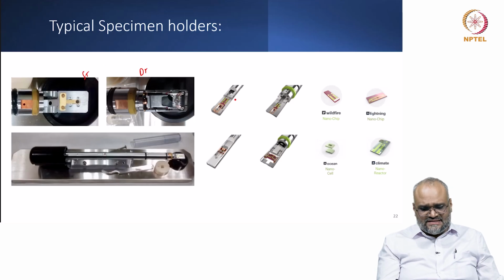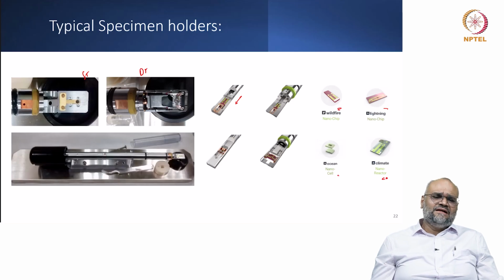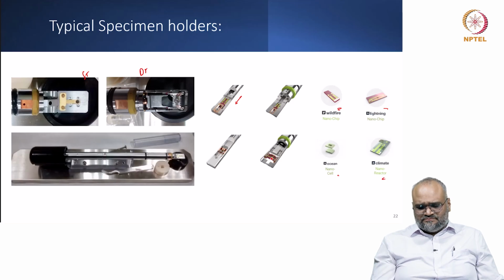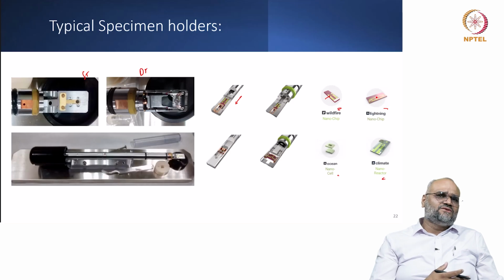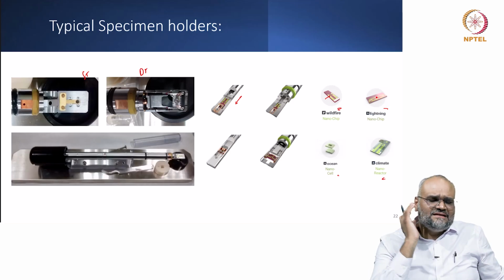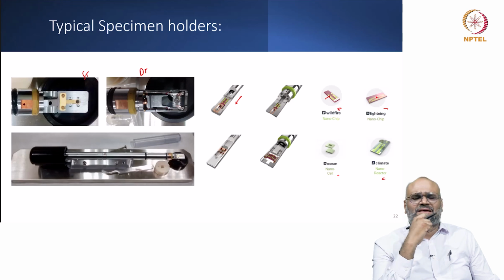And nowadays you can have holders with electrical feedthrough, and on this you can place a MEMS chip which looks like this. You can design the kind of circuit you want and the kind of signal you want to apply to the sample, and based on the stimulus that you apply, you can modify the specimen. While this is happening you have electron transparent membranes here, and on top of this you carefully transfer the specimen either by transfer through exfoliation and other wet deposition routes, or by focused ion beam transfer, or simply by drop casting.